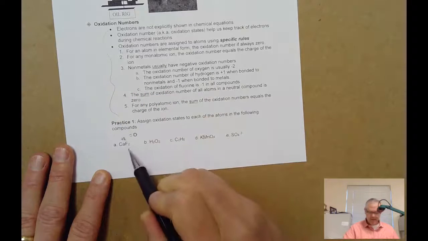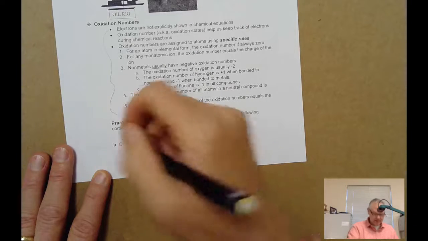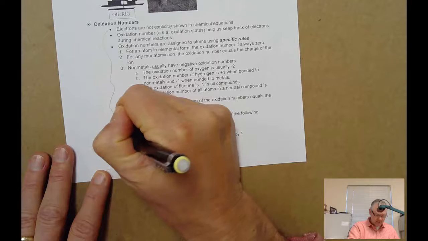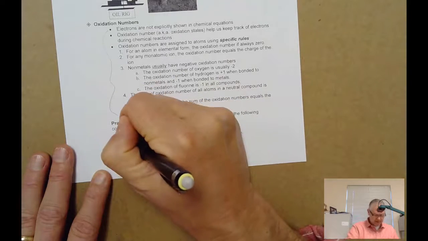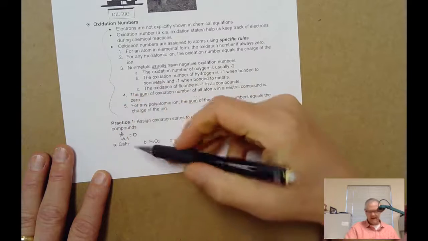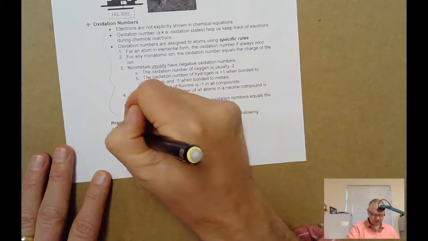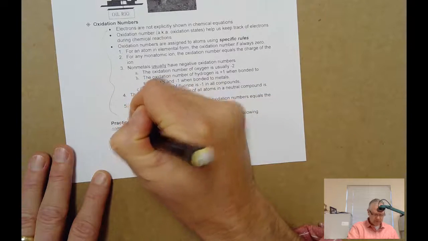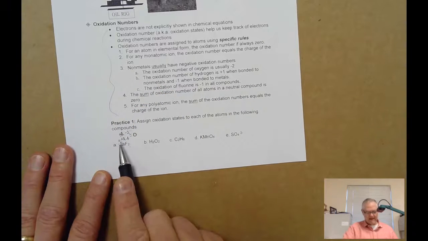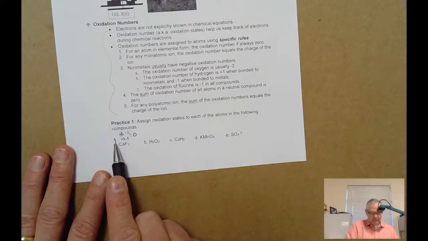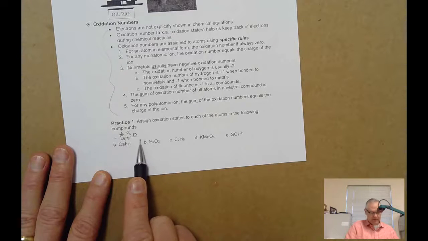I have 1 calcium at +2, so that gives me a total contribution of +2. Fluorine is a -1, and I have 2 fluorines, so that's going to be a -2, because 2 times -1 is -2. Then when I add these two numbers across the top, I get +2 plus a -2 equals 0.